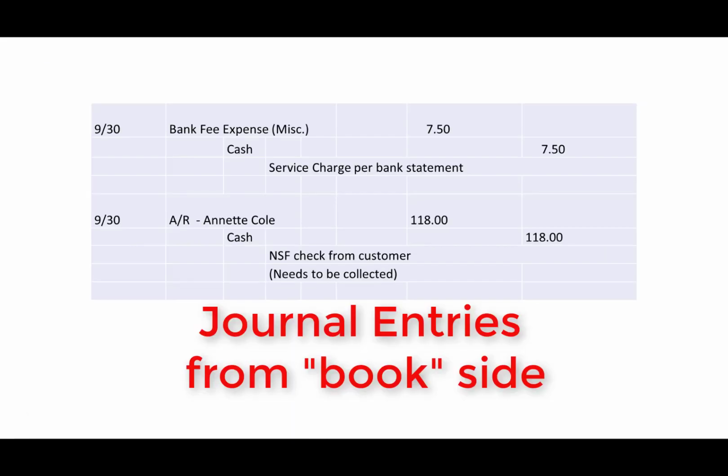Here are the journal entries for those adjustments. All the journal entries from the bank reconciliation affect cash. In the first journal entry, we recorded the bank fee expense, and in the second journal entry, we recorded the NSF check from one of our customers.